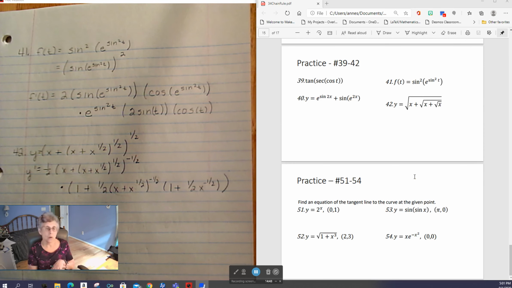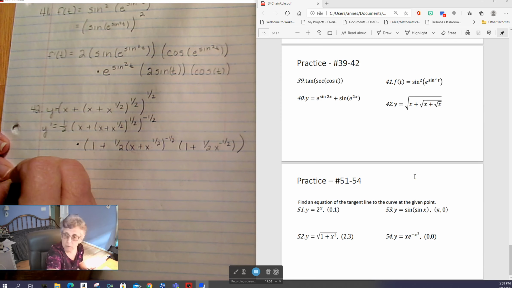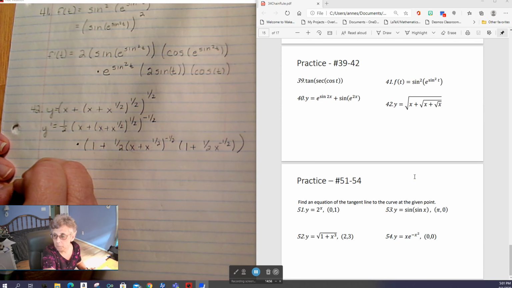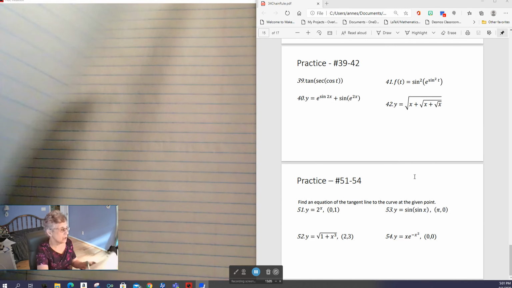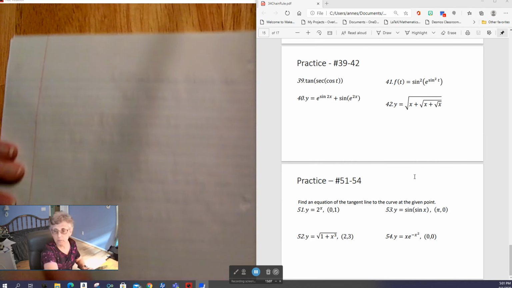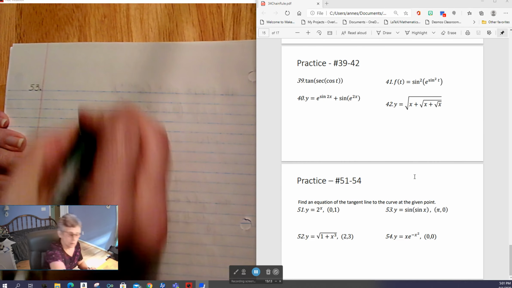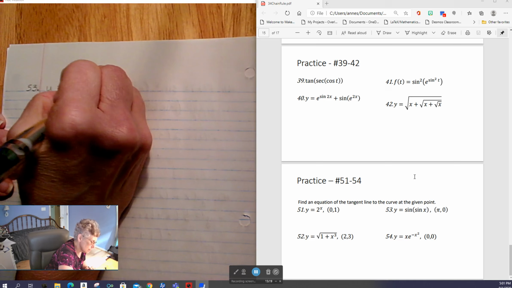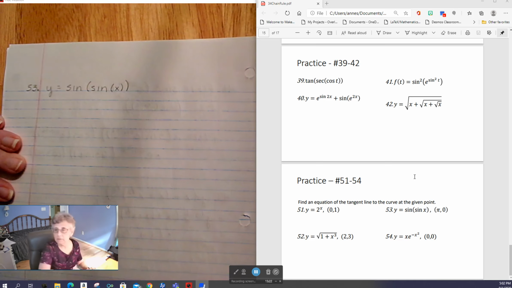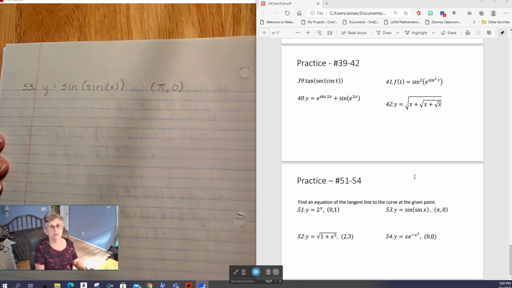We will do one tangent line, then I'll leave the rest for you to do. I'm going to do number 53 because students generally hate the trig functions most of all, so I'll do that one with you. y is equal to the sine of the sine of x at the point pi, 0.